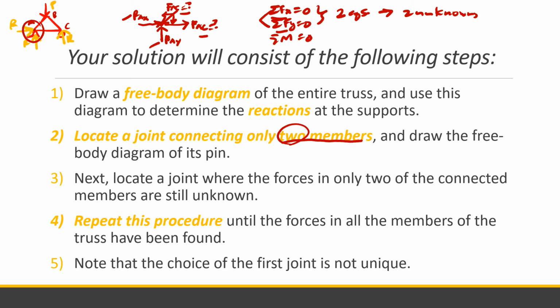It is not ideal to start elsewhere, because you only have one given equation but two unknowns, so you cannot solve the problem. Anyway, in our next sample you will hopefully understand better how to solve or analyze a truss using the joint method.